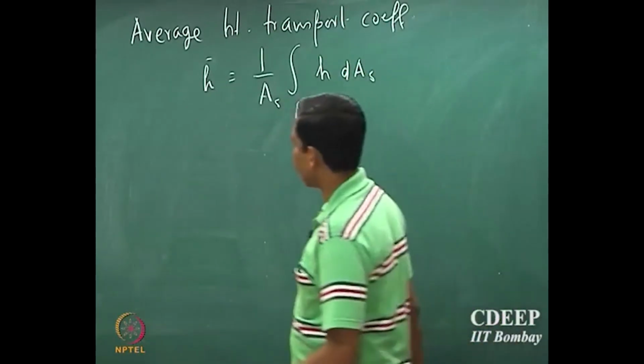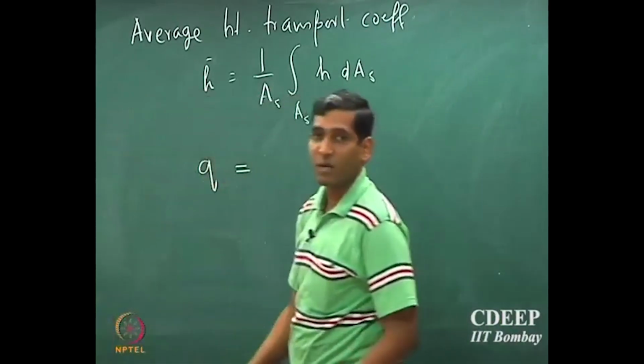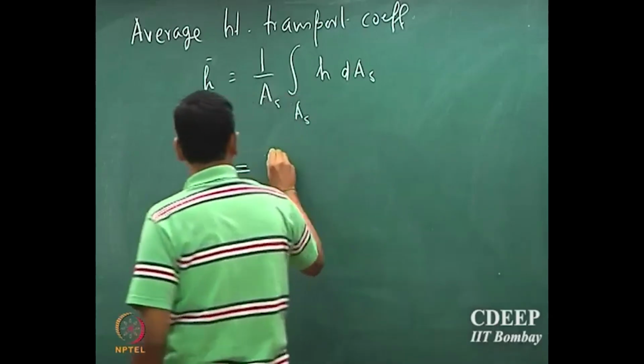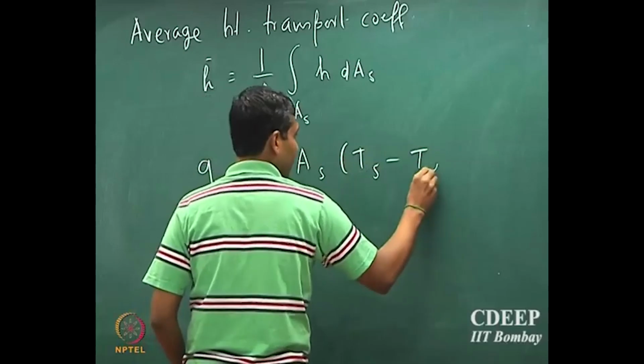So if we introduce this definition, then we can write the overall net heat transfer rate is simply given by h bar into As into Ts minus T infinity.